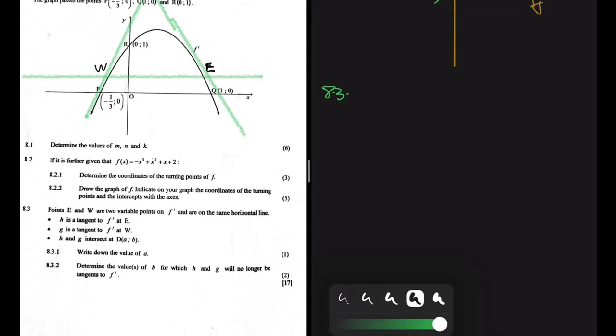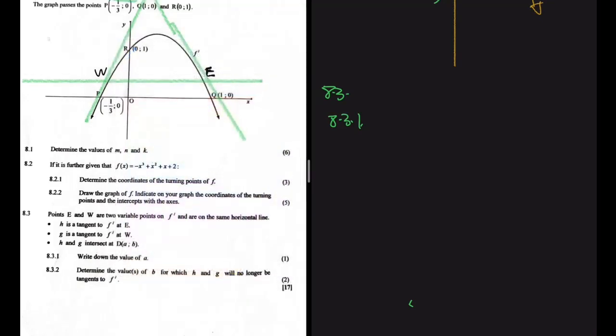And then the first question, 8.3.1, is saying let's write down the value of A. The question has 1 mark. Now I want you to realize something here, right?